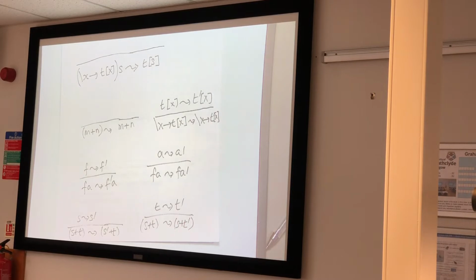Or again, you might use another one of these context rules to get to the redex, which is actually somewhere buried in the middle of the term. Okay. So that's small step reductions. All I want you to know is that if I give you a term, you can use the system to produce reductions. That's the sort of thing that you have to be able to do.